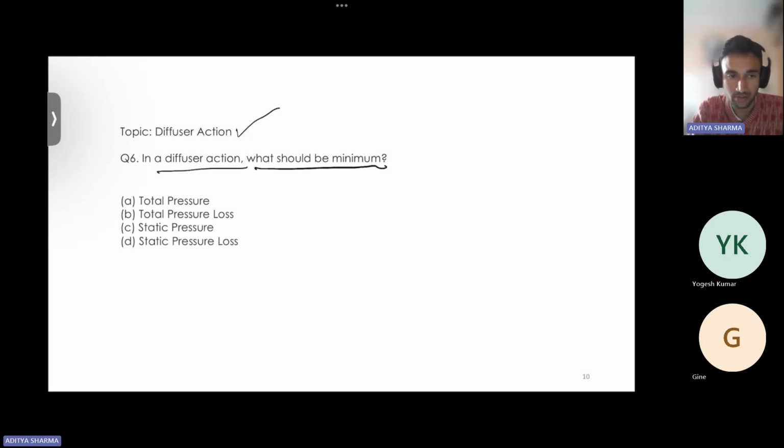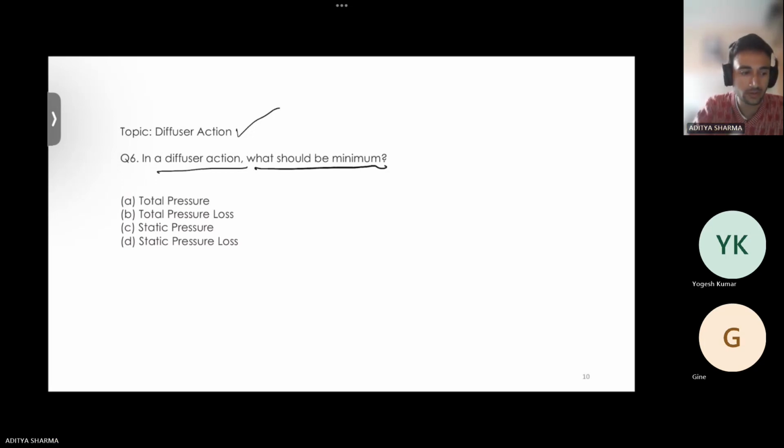The task of a diffuser is to slow down the flow, but that should not be done at the cost of losing total pressure of that flow, because pressure is obviously a potential, and you don't want to lose that.